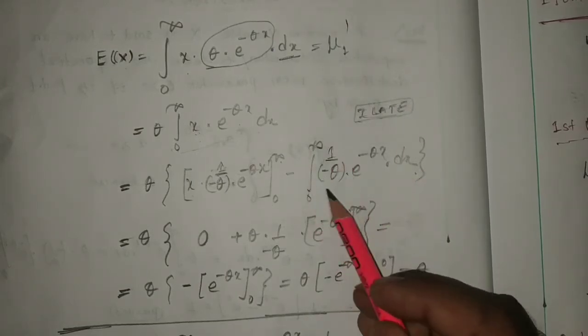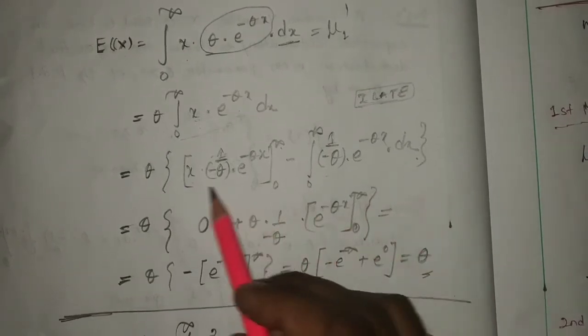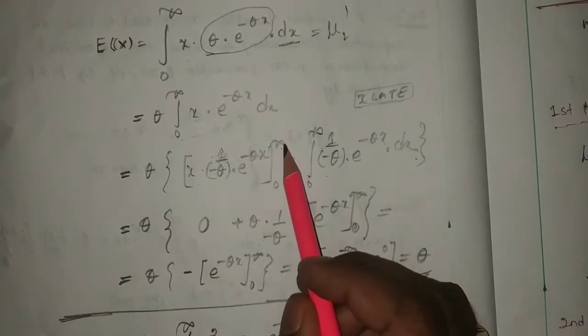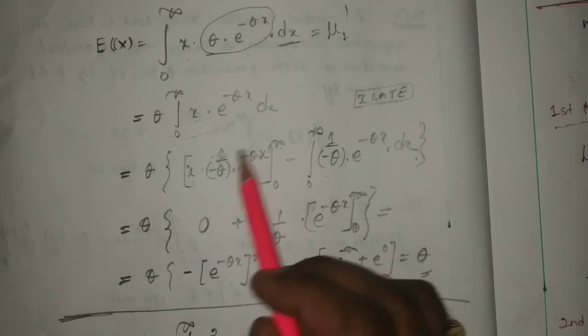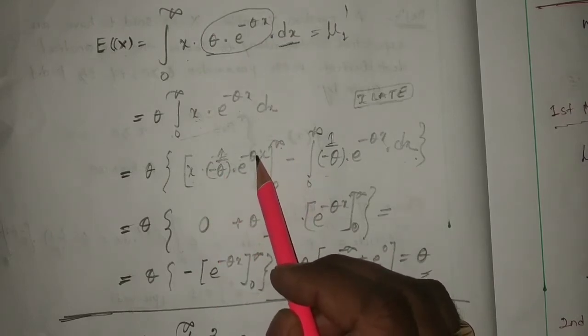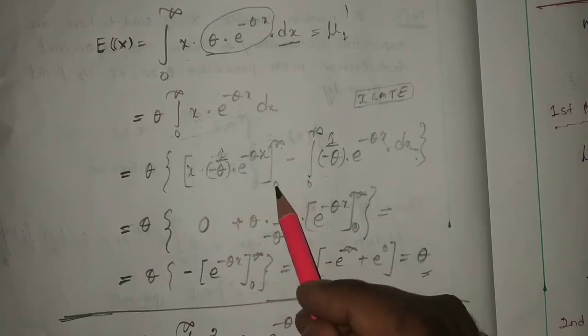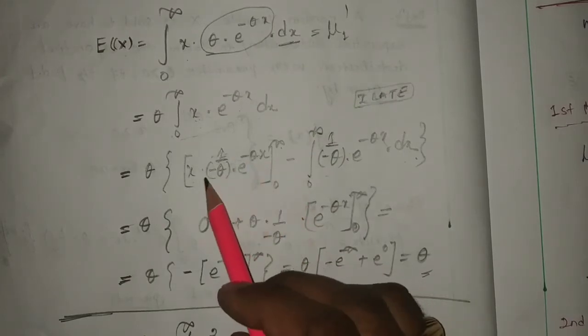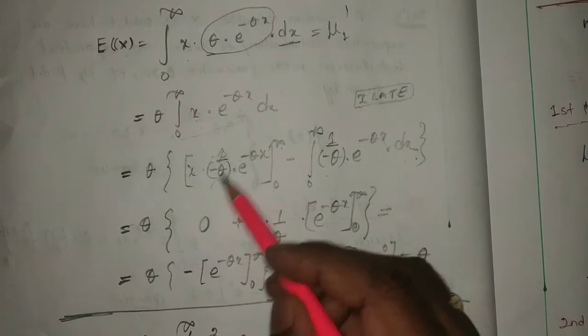Again we have to consider the integration. Here if I put the limit infinity, e to the power minus infinity is 0. So 0, and if I put the limit 0, then x is 0 here, so this term is also 0.